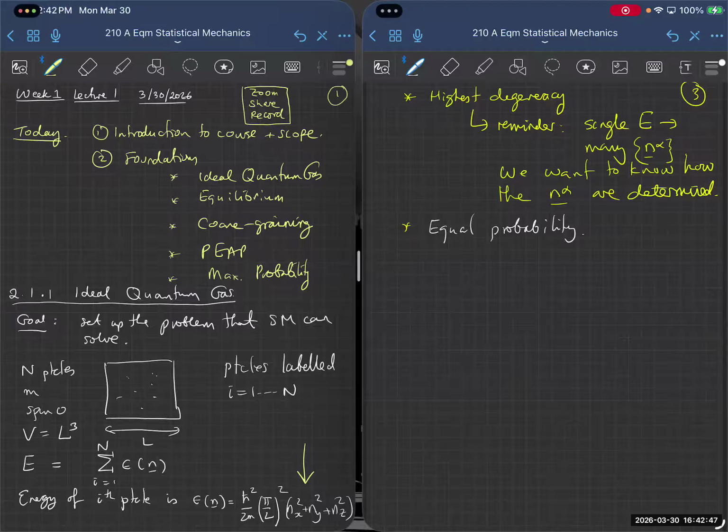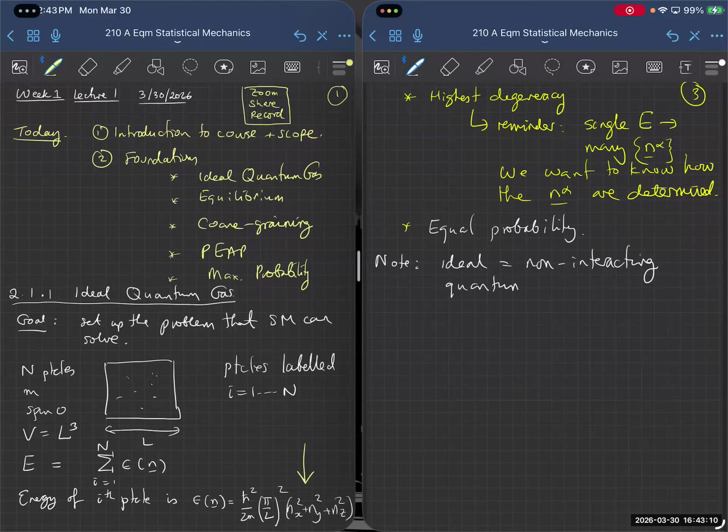When we talk about an ideal quantum gas, what do we mean by an ideal quantum gas? Non-interacting. Right. So note, ideal equals non-interacting quantum gas.